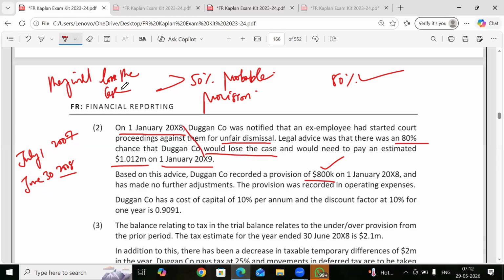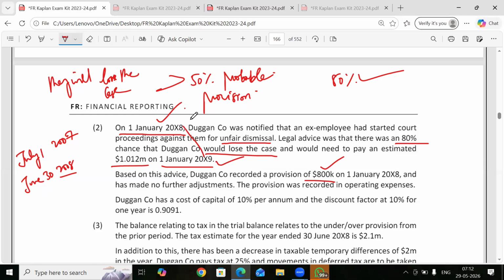So if they lose the case, they have to make the payments. They have to pay the amount to the employee. So they will make a provision. Okay. And payment will be made after a year. When are they going to make the payment? 1st January 2009. They discovered on this day. Yes or no? Yes.